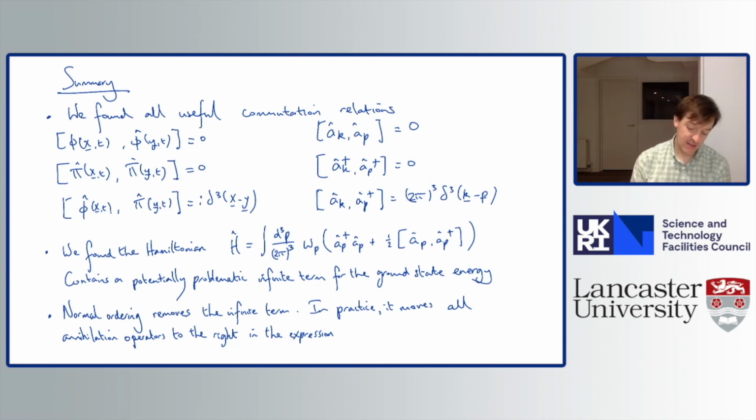But then we discussed a procedure that we invoke in this canonical quantization procedure, which is the normal ordering process. So the normal ordering removes this infinite term. It does this through the operation of moving all of my annihilation operators to the right in an expression. So this act of moving things to the right in the expression gets rid of the problematic commutator term in the above expression.